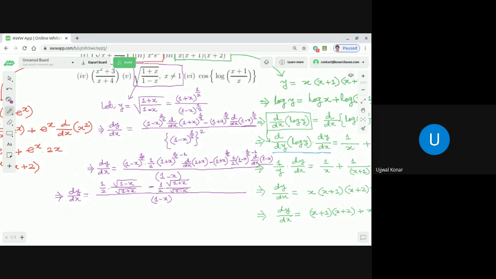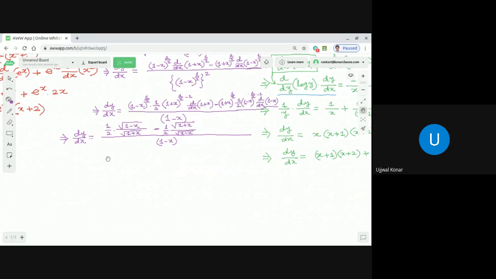Correct or not? So now, after that, the question doesn't belong to differential calculus at all. It is just how well we are aware of simplification of algebraic expressions. So 2 will come in the denominator, 1 minus x as it is there. Then square root of 1 plus x into square root of 1 minus x will be square root of 1 minus x square.